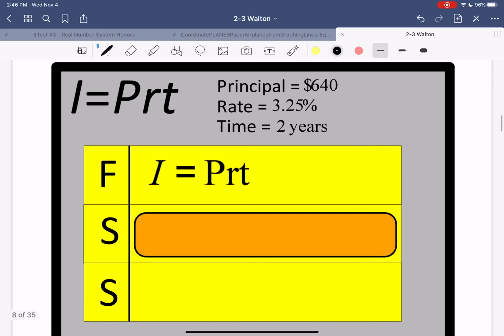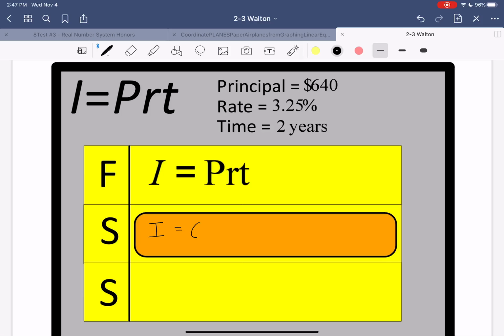So here we have a principal amount of $640, a rate of 3.25%, and a time of 2 years. So we have the same formula that we're looking at. So we're going to substitute these accordingly.